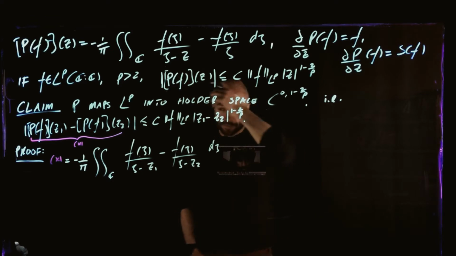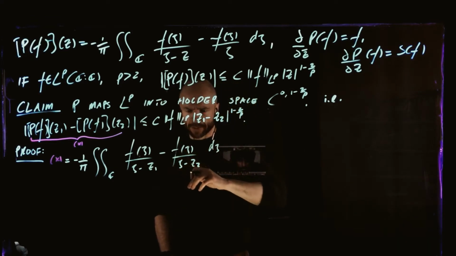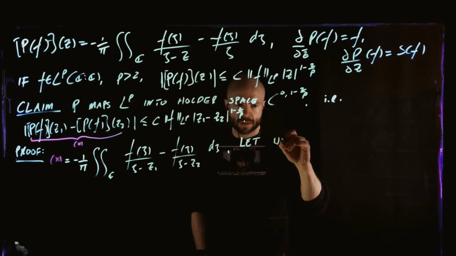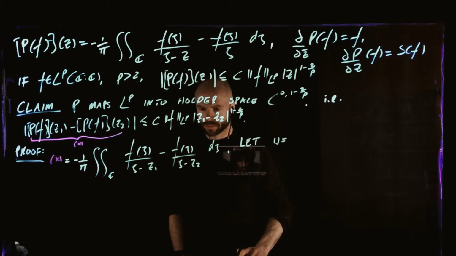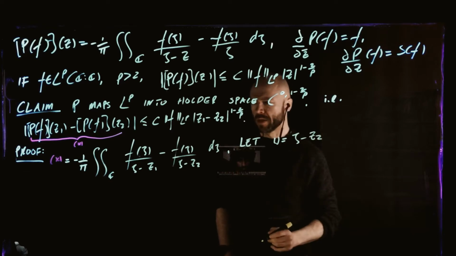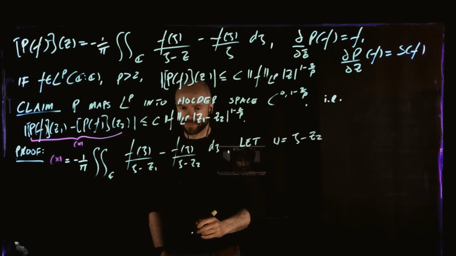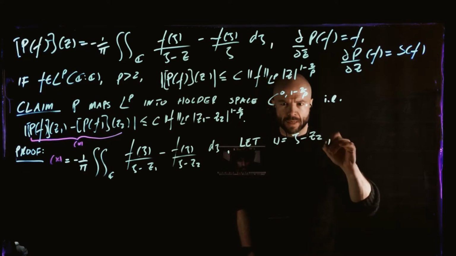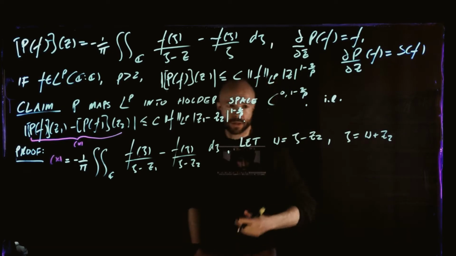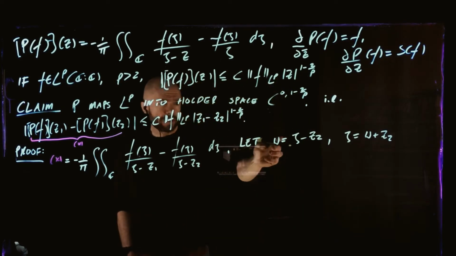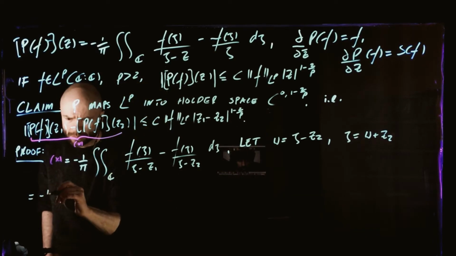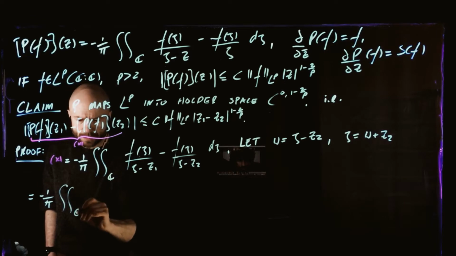Yeah? So, let's make a rearrangement of this. Let's define w to be equal to zeta minus z2, like this. Yeah? So in particular, that means that zeta equals w plus z2. And let's make the change of variable and integrate with respect to w. Since it's over the entire complex plane, the domain remains the same. So it's minus 1 over pi, this.